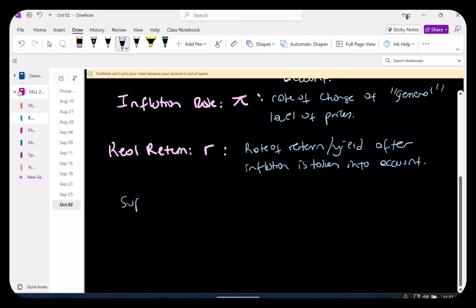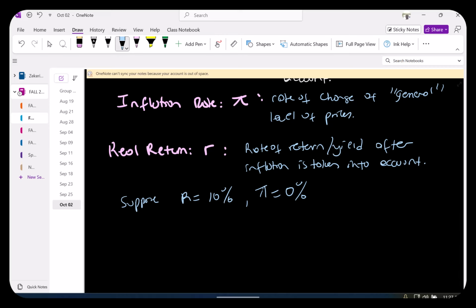Suppose you have an instrument that's going to give you 10%. That could be stocks, bonds, what have you. And inflation rate is 0. That means you can expect the overall price level to remain constant. Next year, you will be able to buy 10% more of the things that you normally buy. So the real rate is going to be 10%.